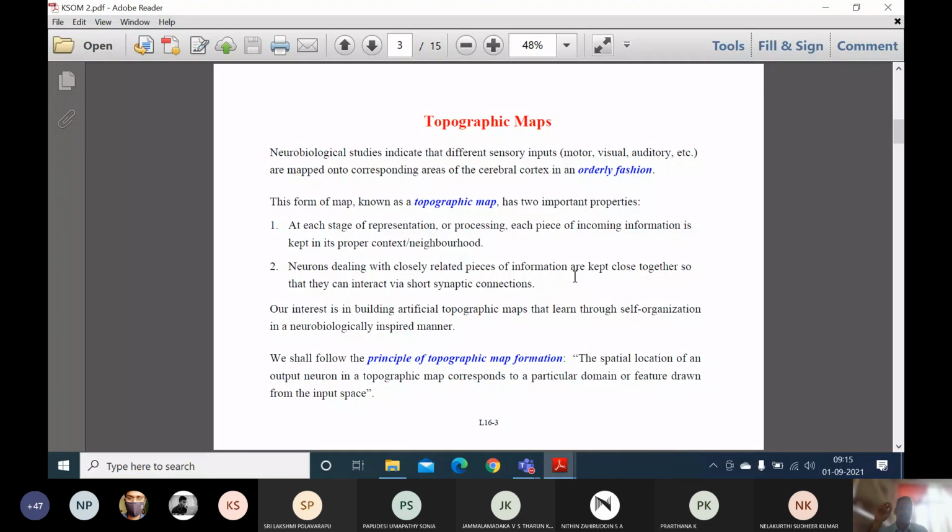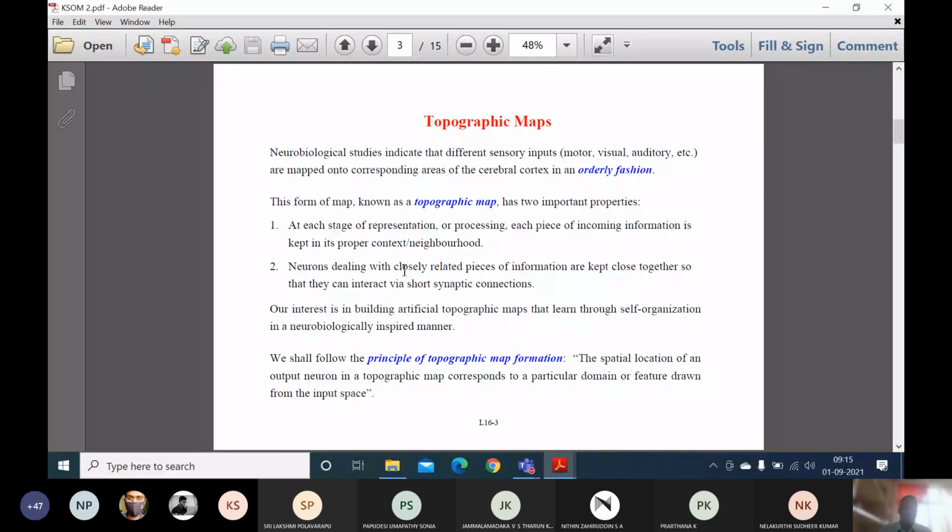In such cases, I try to keep the information of scene 1 and scene 2 closer together rather than apart. So neurons dealing with closely related pieces of information are kept close together so that they can interact via short synaptic connections. That is nothing but the connections in the human brain.